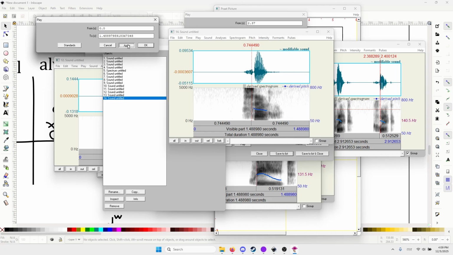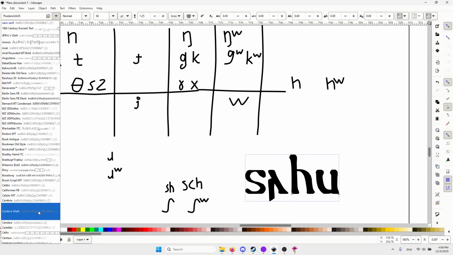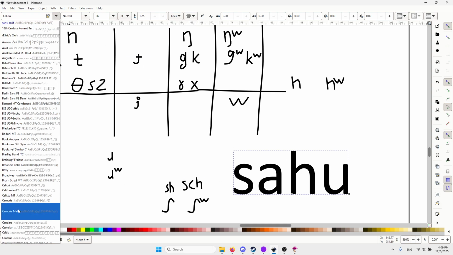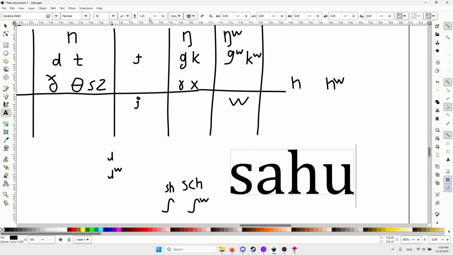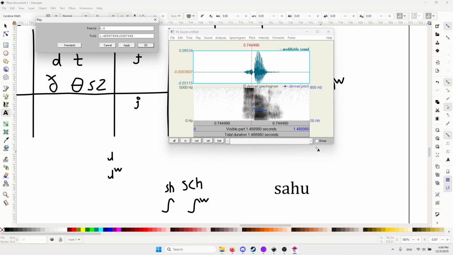So now, if it was how like some people say, I should be able to hear sahu. And if it is sahu, then I just need to end the recording at some point, and then I'll just hear sa. And you can actually choose when the recording ends.